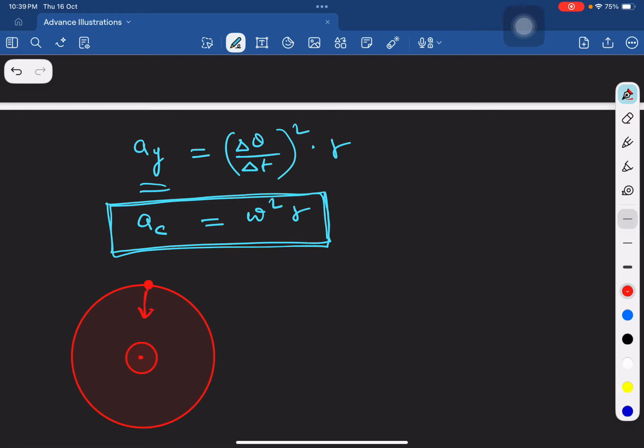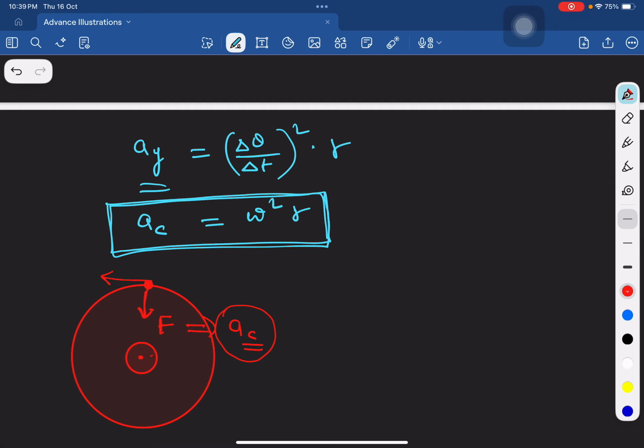Let's say this force is F. Of course, this force is producing a certain acceleration towards the center. If this acceleration is pulling this body towards the center, and you want this body to do the circular motion without falling towards the center, it should have a certain velocity or a certain angular velocity. Better to say in terms of velocity.